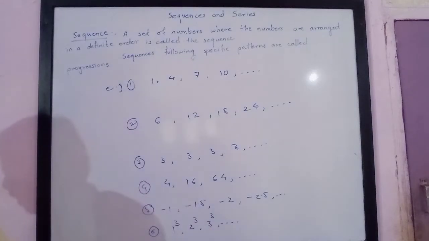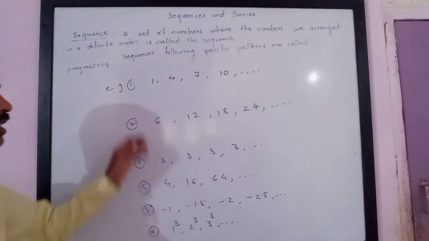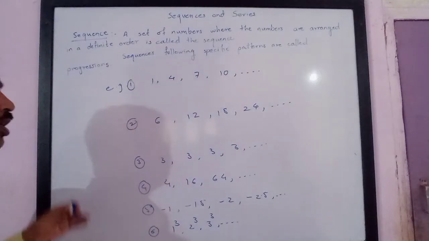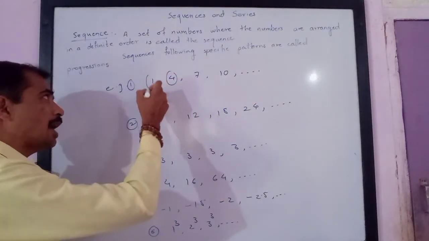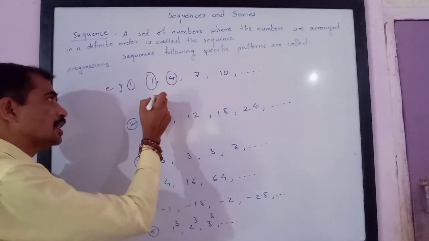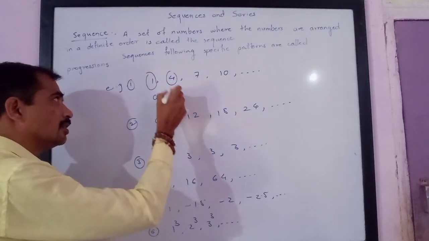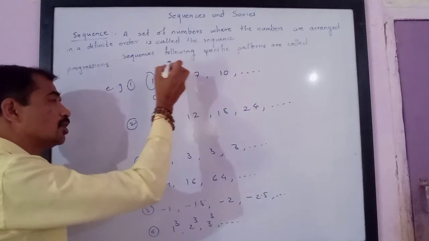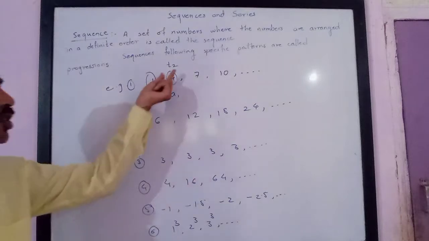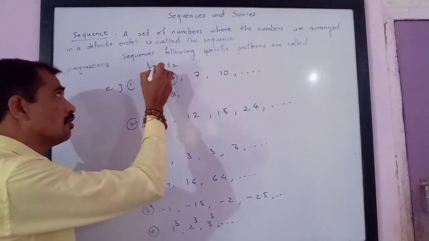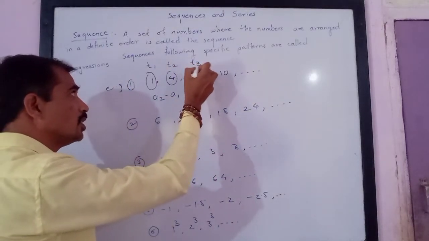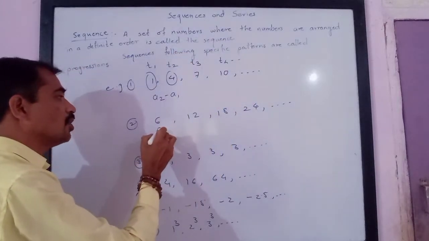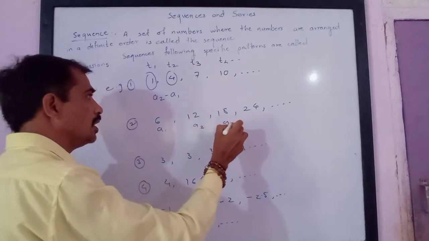Now see, in the first sequence, the second term is obtained by adding a certain number. If you see the difference between the second term and the first term, that is A2 minus A1. Please note, in some books the first term is denoted by T1, T2, T3, T4 and so on, and in some books by A1, A2, A3, A4.